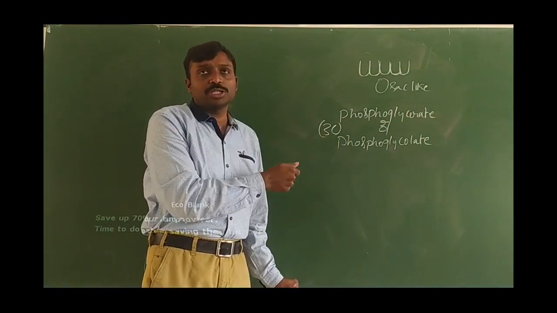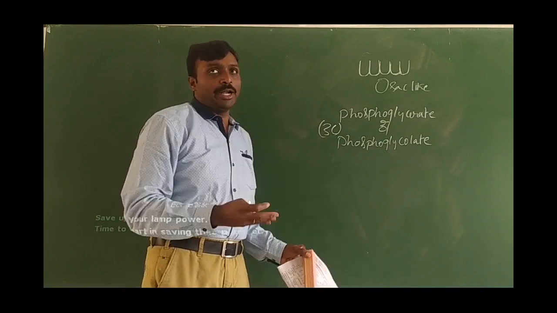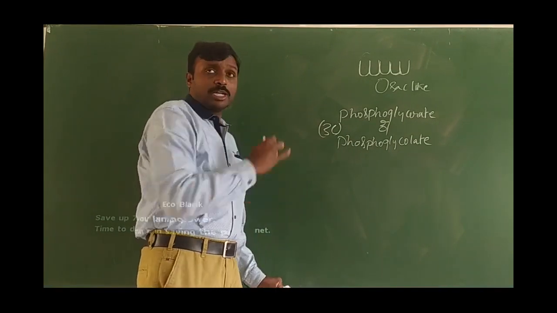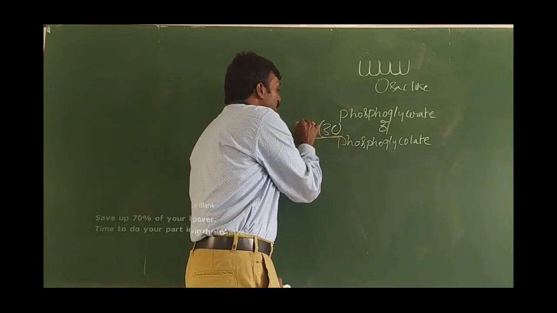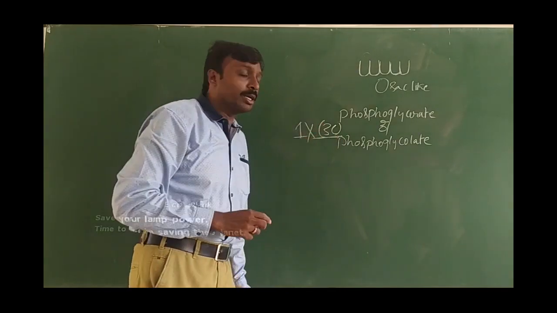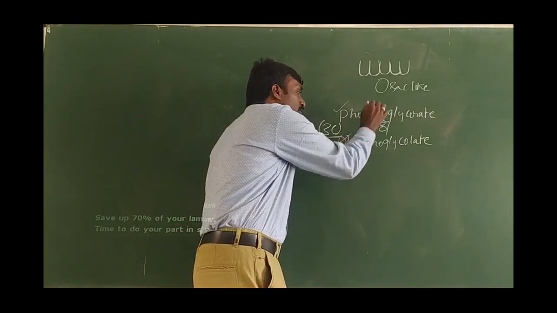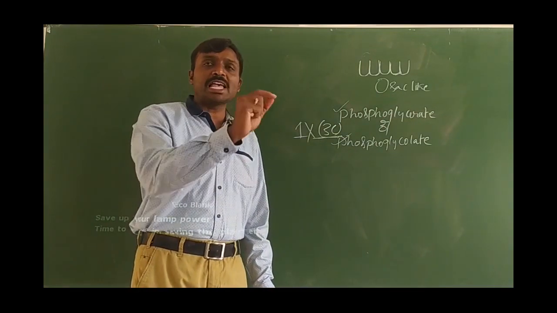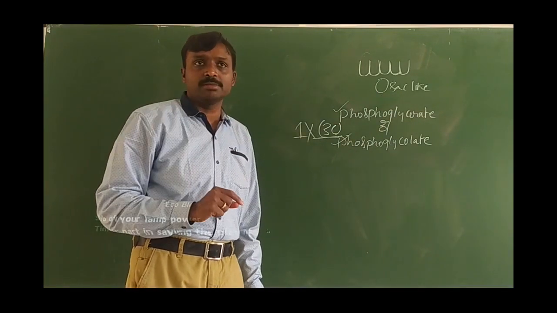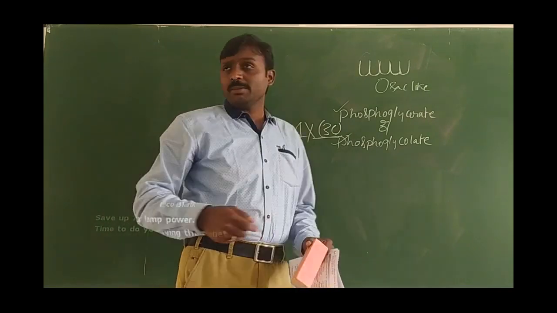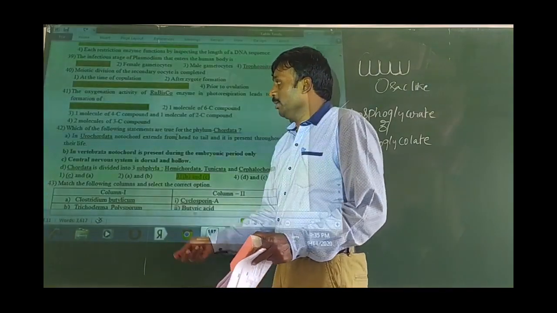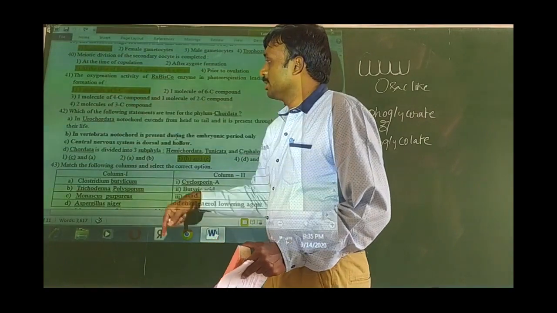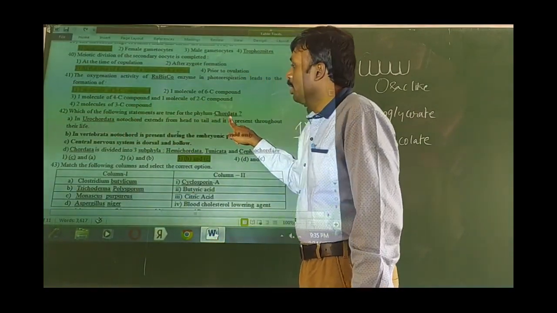So that is what the question is asking. What will be the product of photorespiration? So remember, one molecule of a 3 carbon compound, that is phosphoglycerate or phosphoglycolate, is synthesized when Rubisco is acting as an oxygenase. Okay. So moving on to the next question. So option 1 is the answer. Then moving on to the next question.